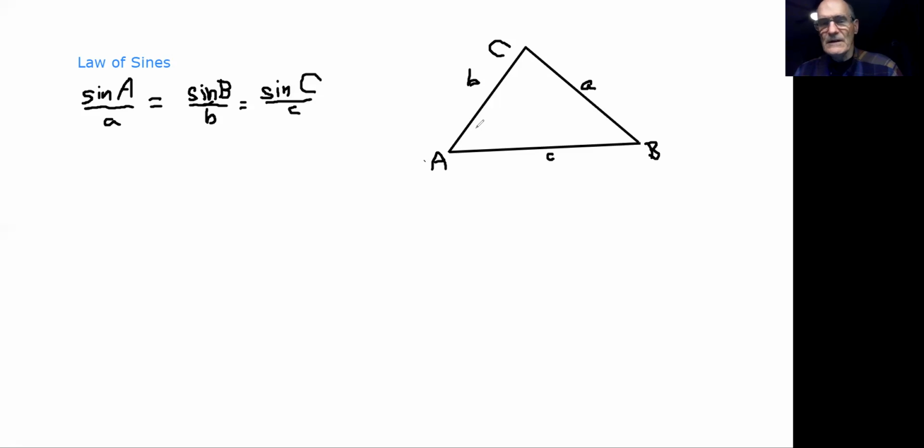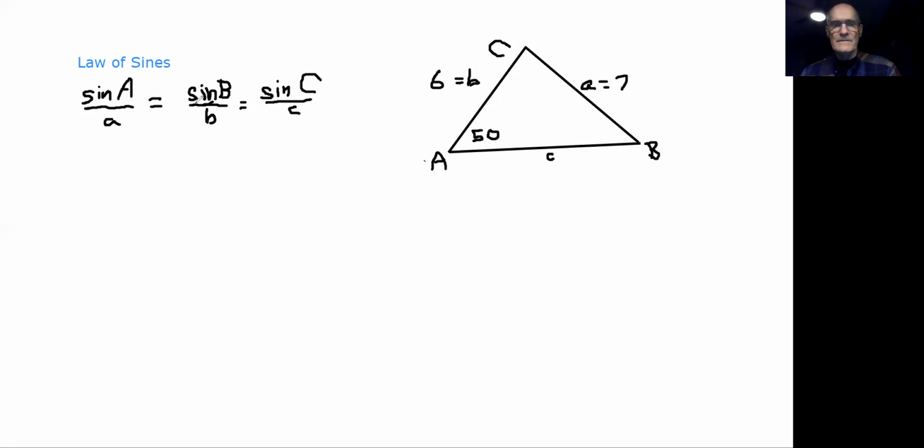So for instance, let's look at an example. Say this angle looks to be about 50 degrees, and let's say side A here is 7, and side B is 6.